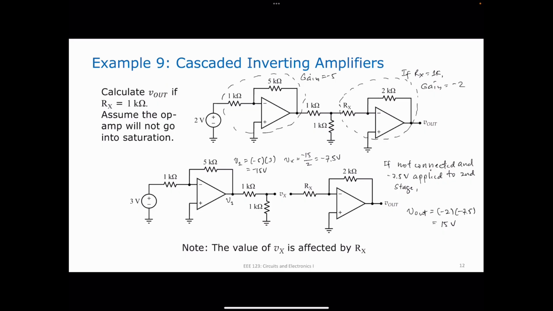But if I connect these two together, my answer is not going to be minus 15 volts. Why?